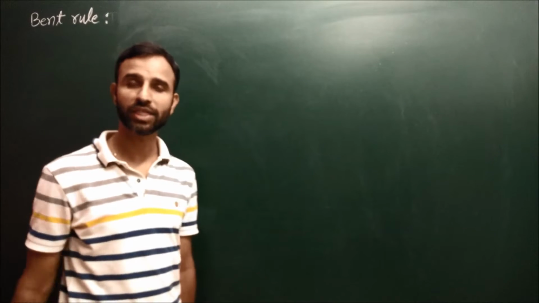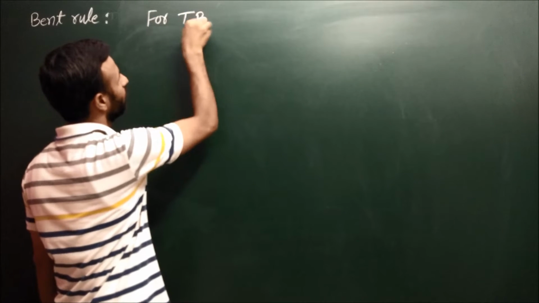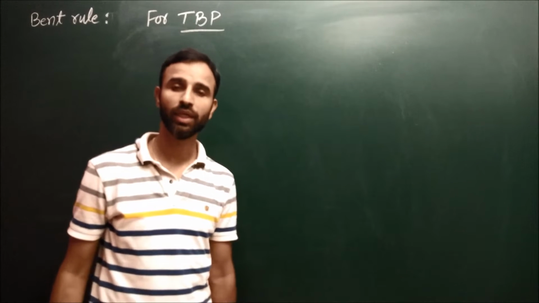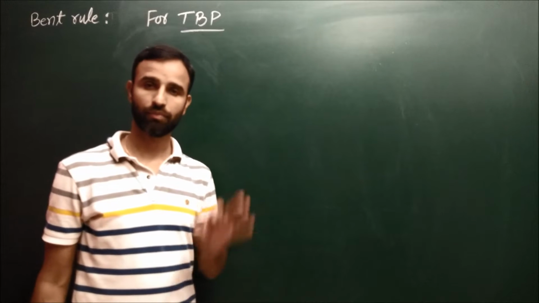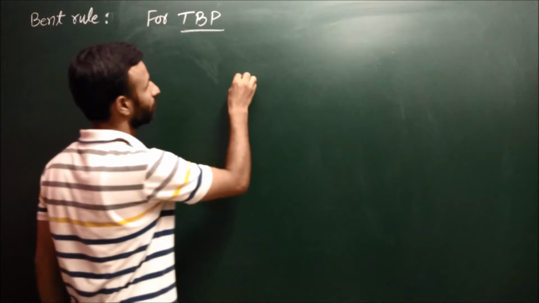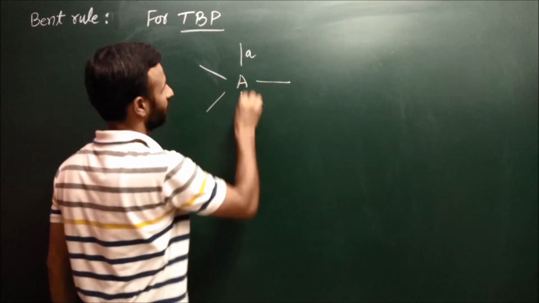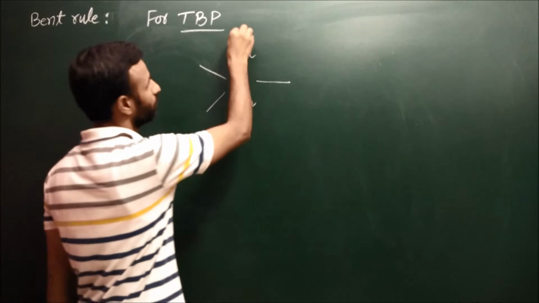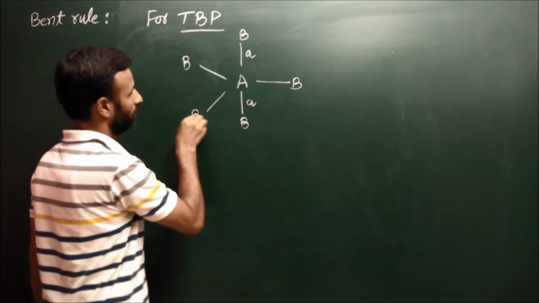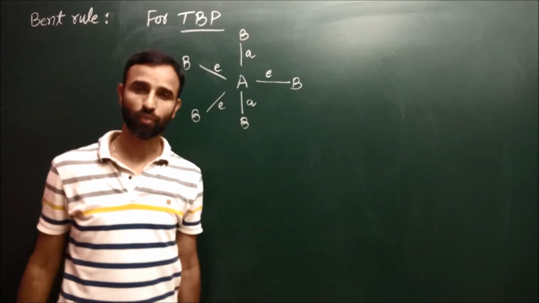So to explain Bent's rule, we take trigonal bipyramidal geometry. For trigonal bipyramidal geometry, the more electronegative atom prefers to stay on the axial positions. You know, these are axial bonds, and these are equatorial bonds.